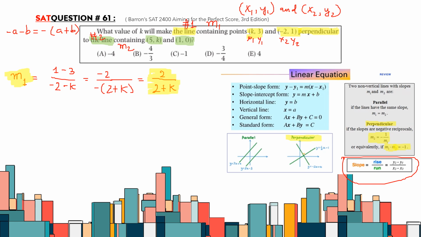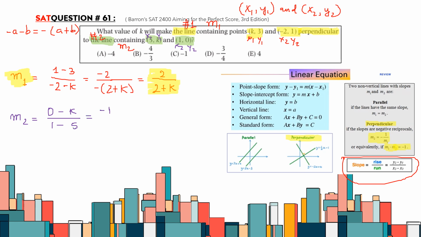Okay, now next we're working on m2. m2 is line number 2. So we still have x1, y1, x2, y2. y2 is 0, minus y1, which is k, over x2, which is 1, minus x1, which is 5.